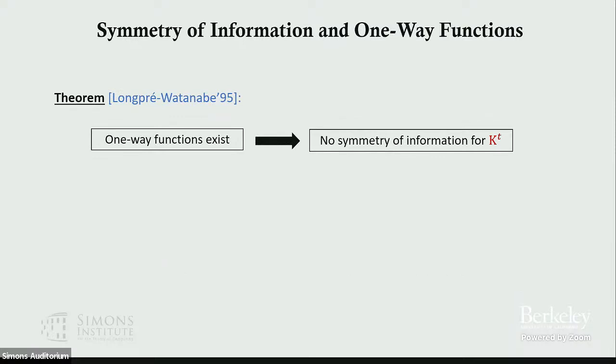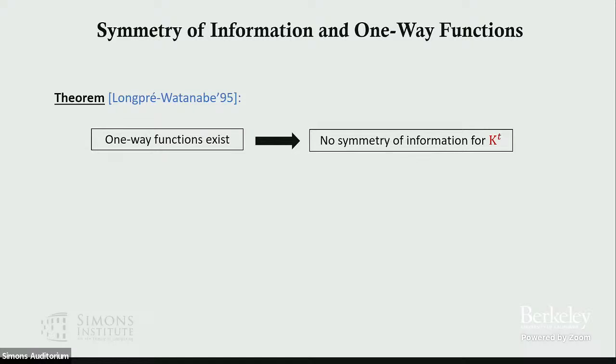It turns out that time-bounded symmetry of information is unlikely to hold. There is a work by Lee, Romashchenko, and Watanabe, showing that if one-way functions exist, then we don't have symmetry of information for KT. The proof requires a little bit of work, but the intuition is very simple. Let's consider a one-way permutation f for simplicity.